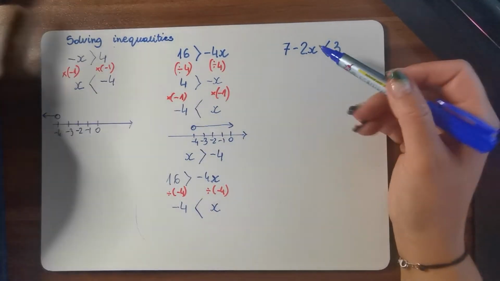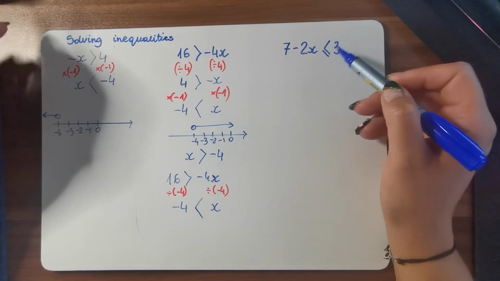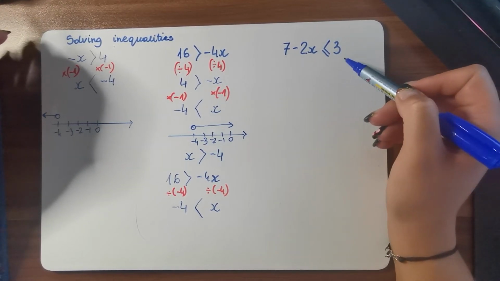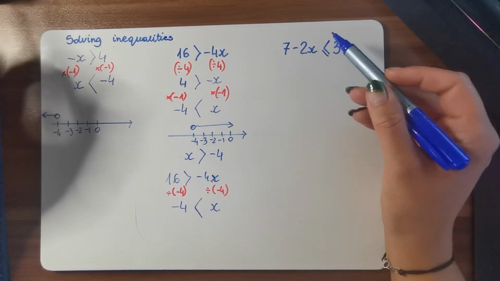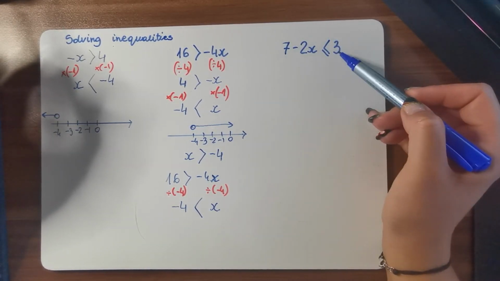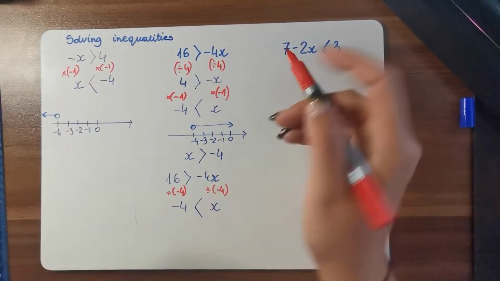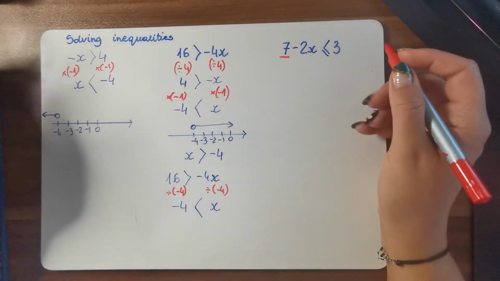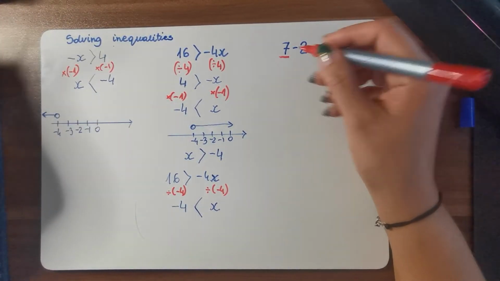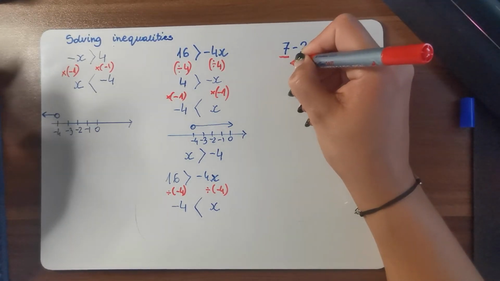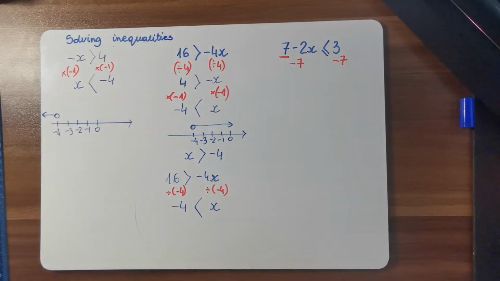The last example, we have 7 take away 2x is smaller or equal to 3. The first thing that we need to do is get the numbers on one side of our inequality. We have positive 7 on the left-hand side. To cancel it out, I need to take away 7 from both sides of my inequality.